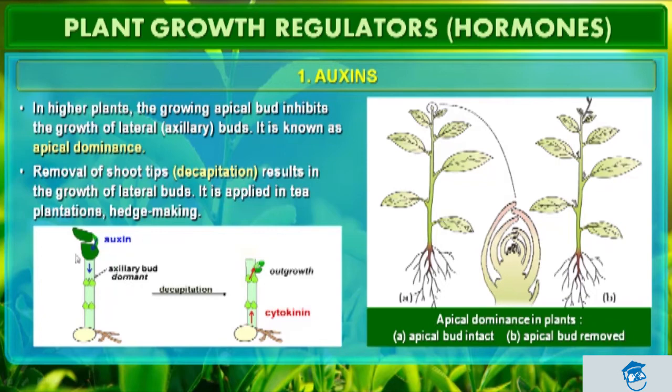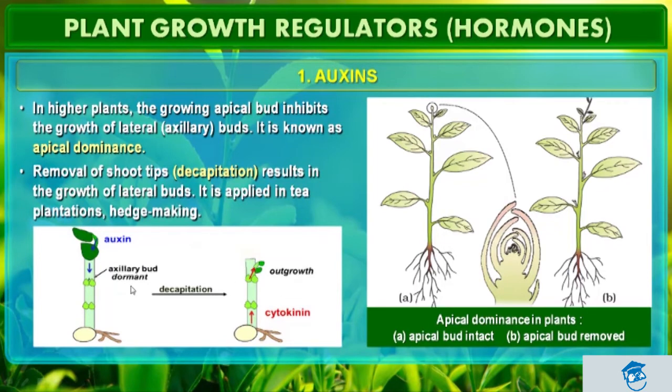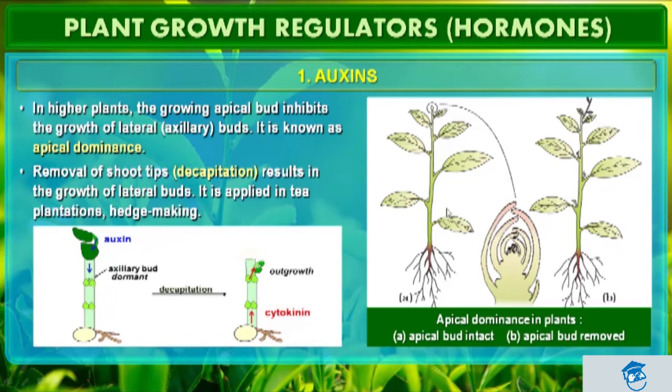But when it is decapitated, that means when it is cut, then it shows outgrowth. This axillary bud, which was earlier at the dormant stage, will show outgrowth after decapitation. That means when you cut the apical bud. So you can say that auxin shows apical dominance in plants.